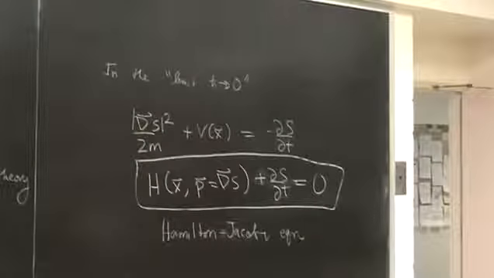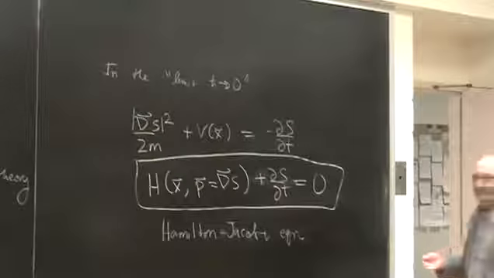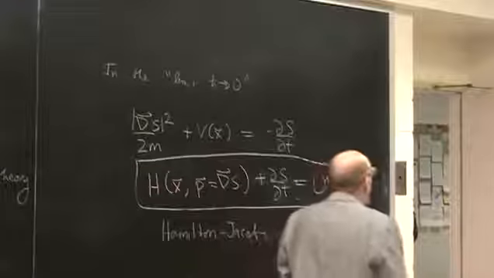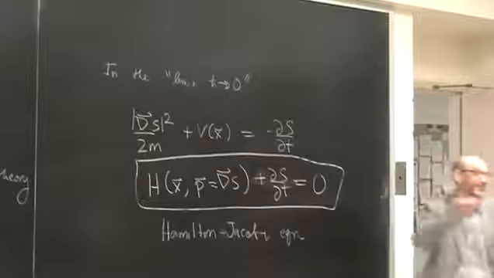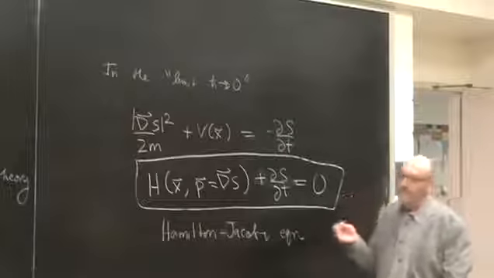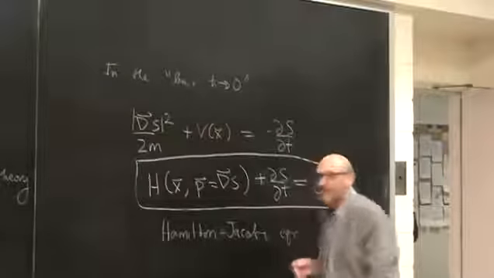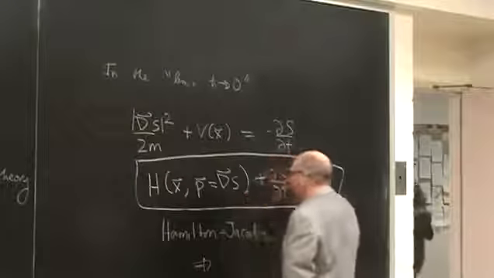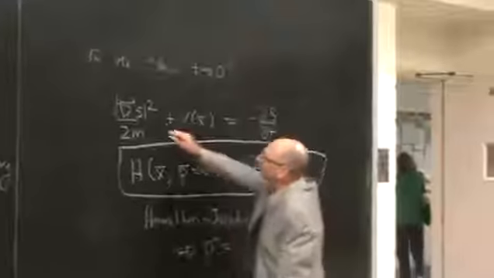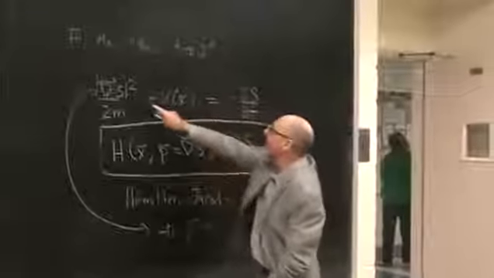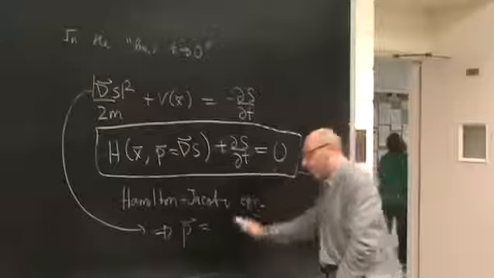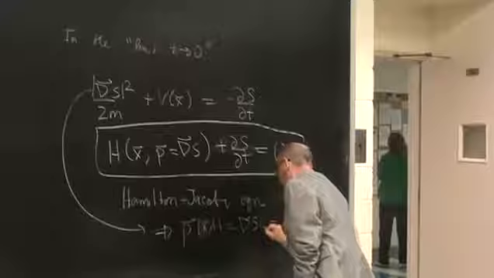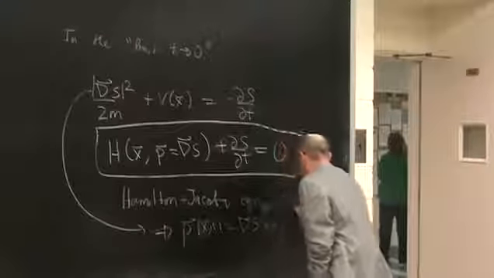Well, it is another way of solving for the classical trajectories of a particle of mass m, in this case, moving under the influence of this potential. If you solve this equation, whatever you get for S from this equation, the local momentum at that position in time is the gradient. This function is known as Hamilton's principal function.